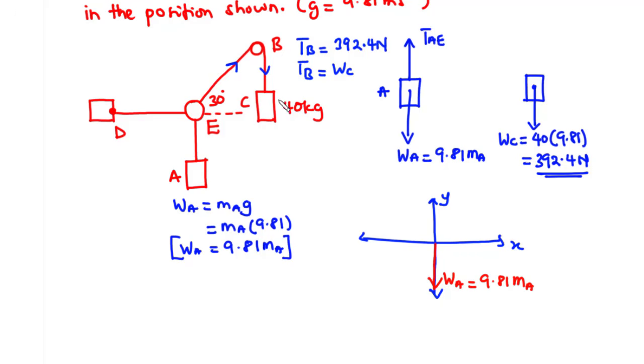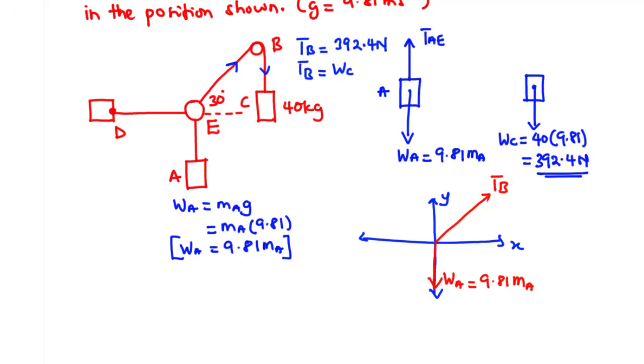Now we are going to ignore the weight of cylinder C because it is the same as the magnitude of the tension in the cable at B. So we ignore the weight of cylinder C as we introduce the tension in cable B. So this is TB.